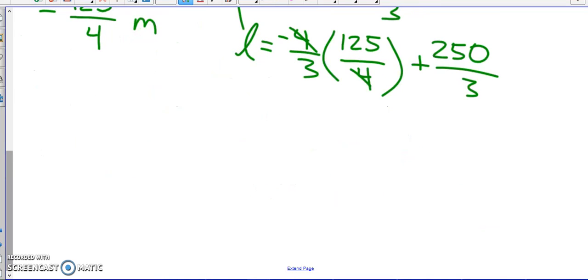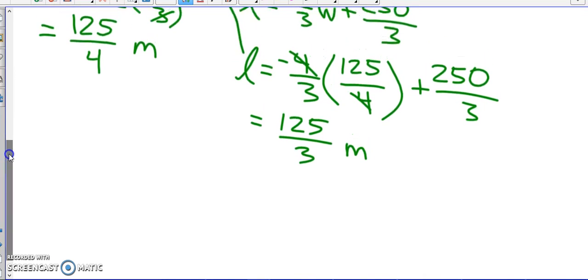And if I have negative 125 over 3 plus 250 over 3, that's 125 over 3. And then all I would have to do to get the maximum area is multiply that out. So it'd be something over 12.